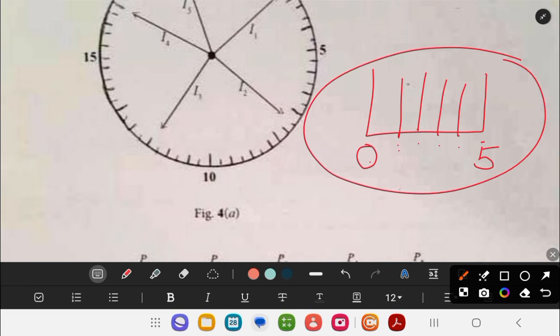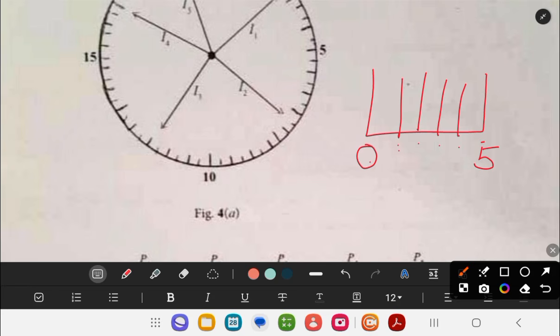This is the instrument I'm using to explain how to do the reading. So this is a formula that you wouldn't find in any book. So I said pick consecutive readings. This diagram I've drawn here can continue till you have 10 here. So as you can see, we have 5 here, we have 10 here, we have 15 here.